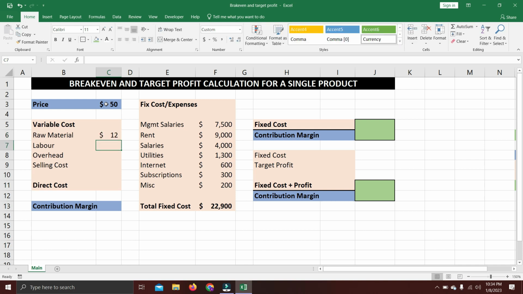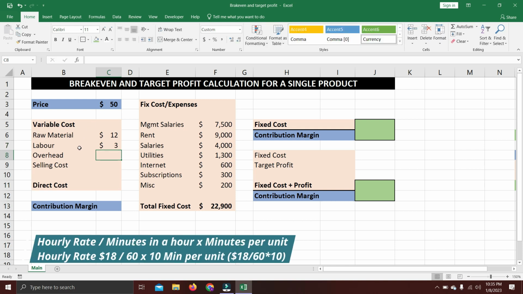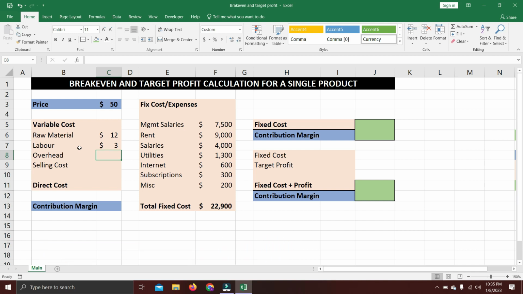Then labor, which is directly traceable, required for each unit is around $3. This can be calculated by dividing the hourly rate by the number of minutes or hours used per product. Other overheads which are directly related are $1 here, and direct selling cost, let's say we pay $2 as commission for each unit sold by our sales team.